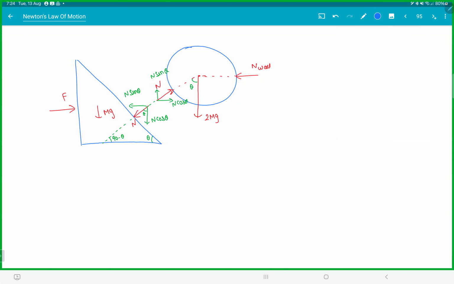Now for the ball, if you see the vertical direction, along the y-axis, what are the forces? N sine theta is balancing 2 mg, and the horizontal N cos theta is balancing N wall. I didn't ask you that, but okay. And then from here we'll get N is equal to 2 mg by sine theta.